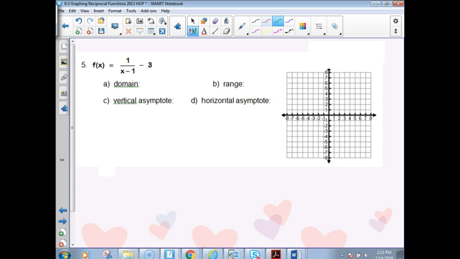Number 5. I have an h value of 1 and a k of negative 3, which tells me my vertical asymptote will be x equals 1, and my horizontal asymptote will be y equals negative 3. I'm going to put those on my graph.